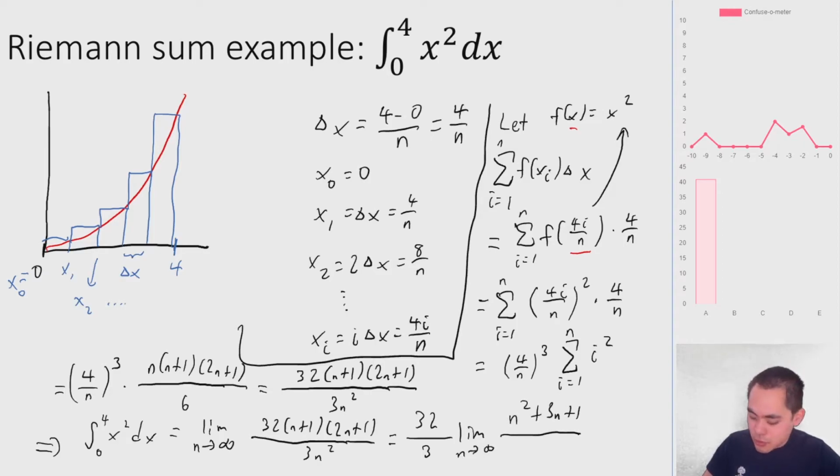This is just multiplying things out. What you end up with is, as n goes to infinity, the bottom n squared is bigger, and so this limit is just equal to 2, since there's 2n squared over n squared. So this is equal to 32 over 3 times 2, which is equal to 64 over 3.